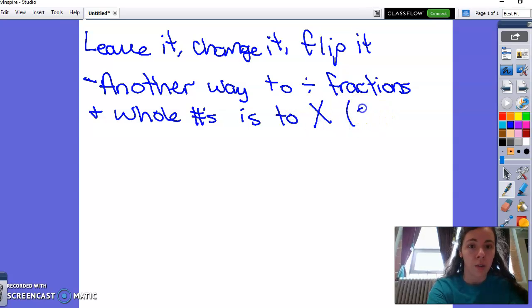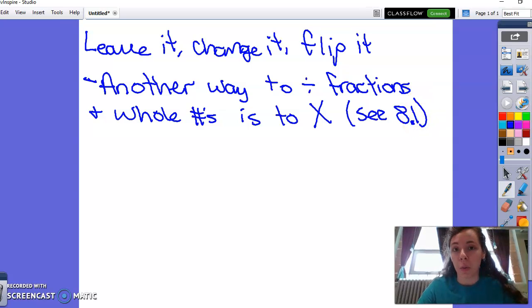And then we could make a little note for ourselves here to see 8.1. Because we've already seen this once before, we just have to remind ourselves how to do it.